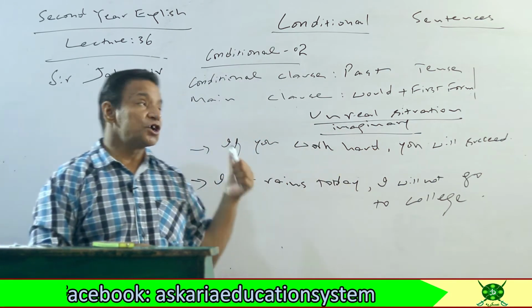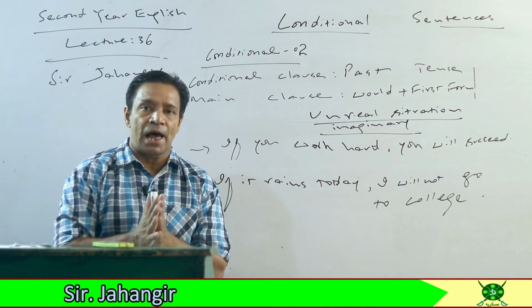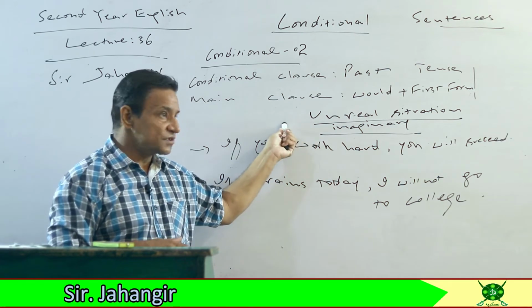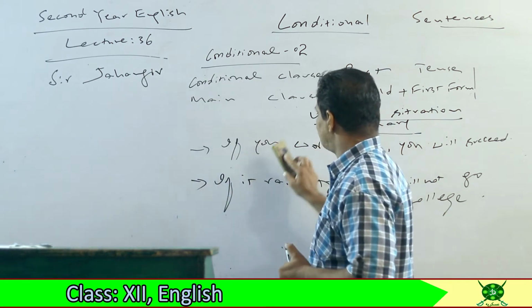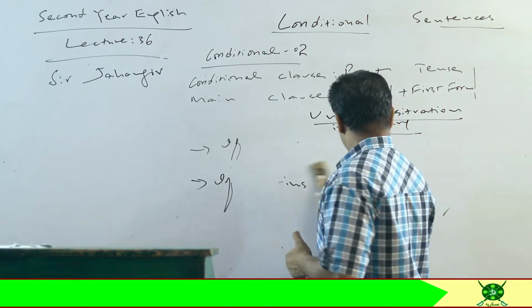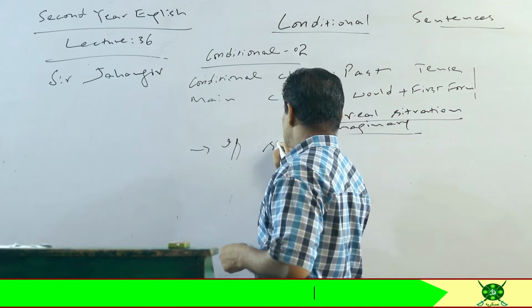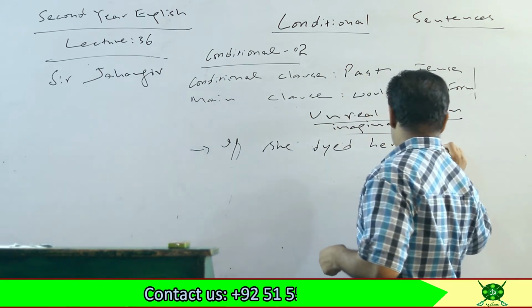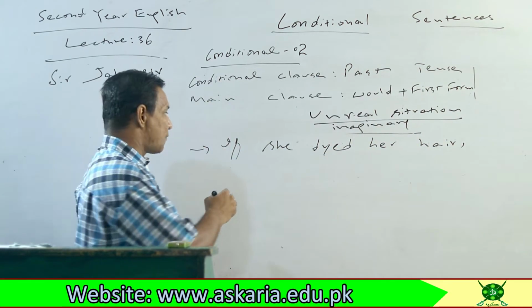On the other hand, conditional 1 tells something real, certain, which will definitely happen. Here it is an unreal or imaginary thing. For example, if she dyed her hair, everyone would laugh.